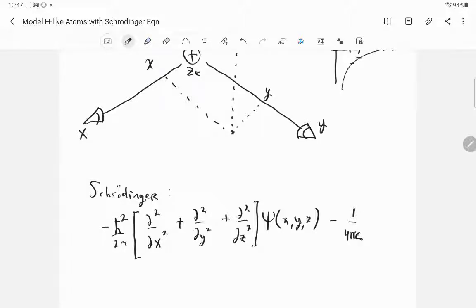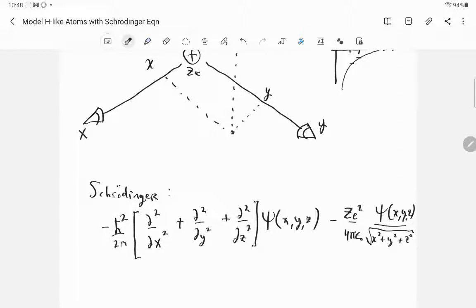And then I'm going to erase the 1, so I can keep things tight and efficient. So it goes z e squared, and then psi of x, y, and z divided by the square root of x squared plus y squared plus z squared, right?